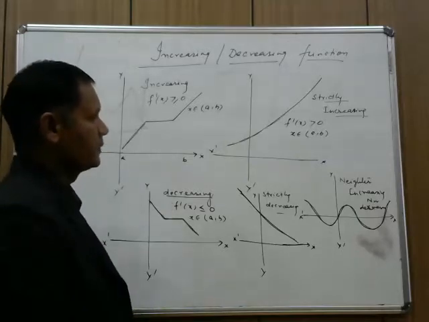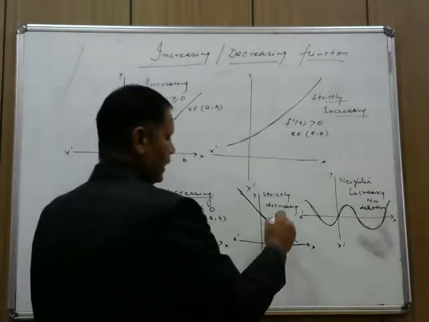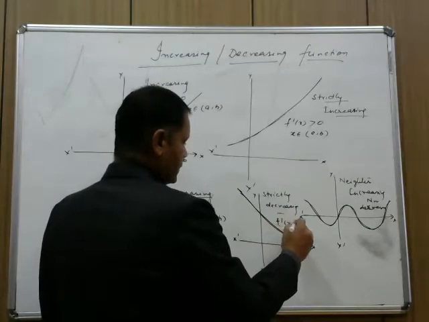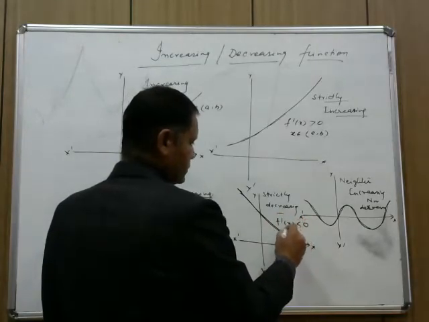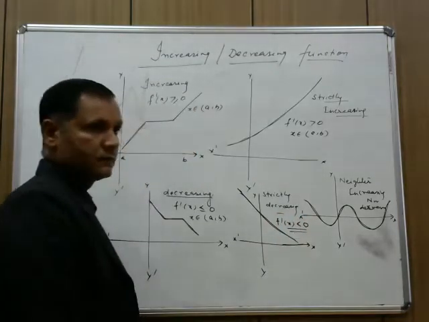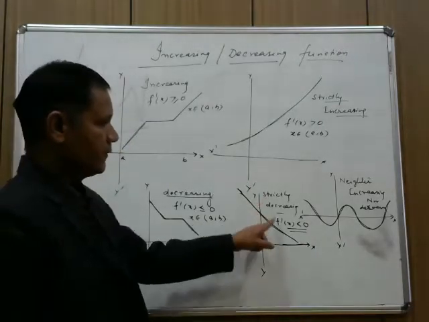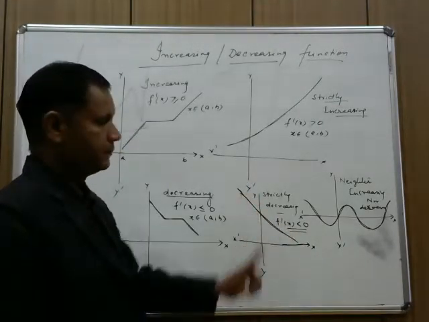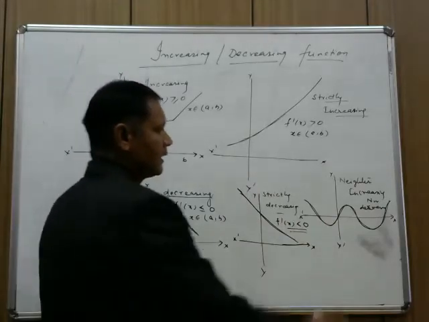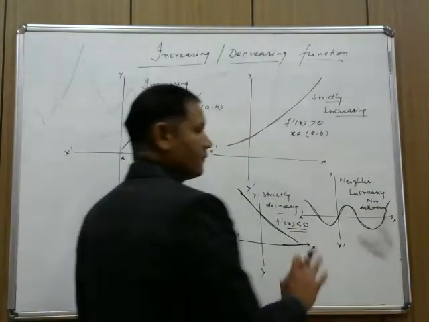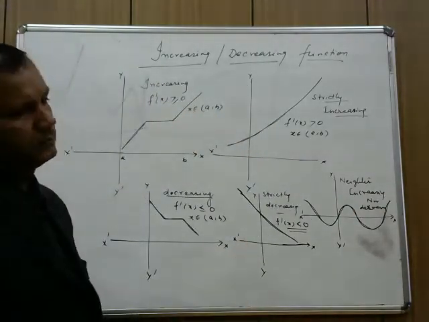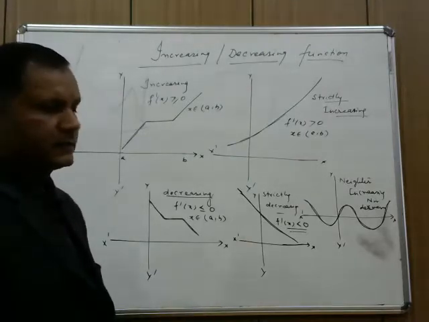For the decreasing. Now for strictly decreasing, f dash of x is less than 0, not equal to 0, right? Neither increasing nor decreasing, f dash of x is equal to 0, or greater than or equal to 0, whatever it is.